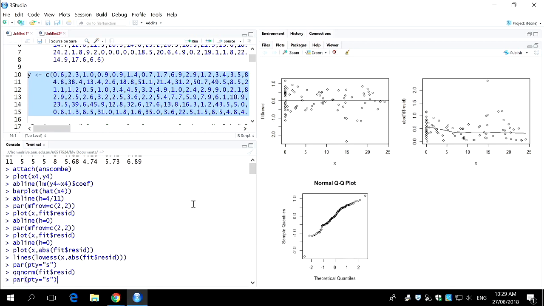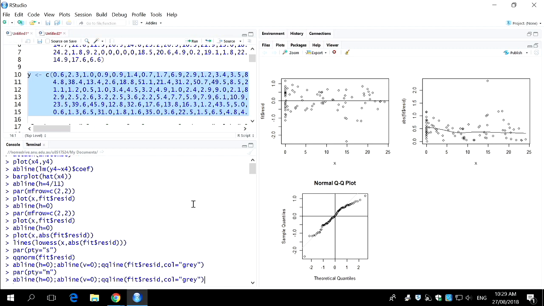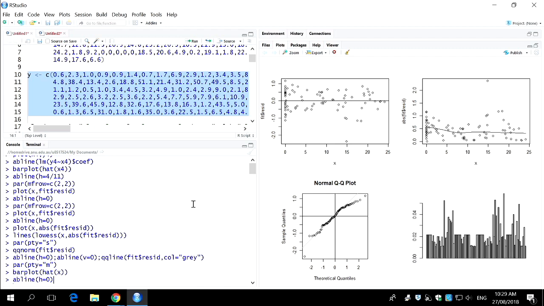Okay, do that one, put on the QQ line, put on the crosshairs. There. Okay, and then finally, you want to go back to par(pty = "m") because you want this plot to take up the whole thing. You put on your bar plot of leverages. There. And then the reference line at 4 divided by sample size.